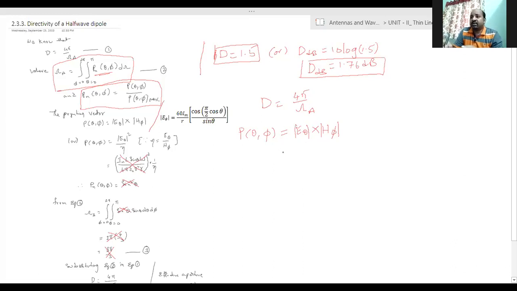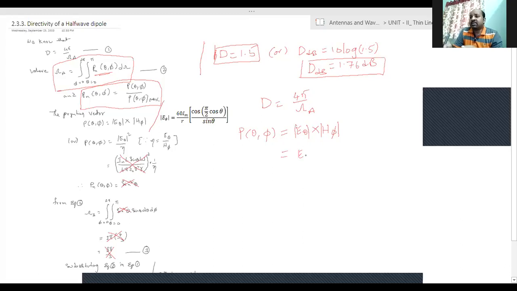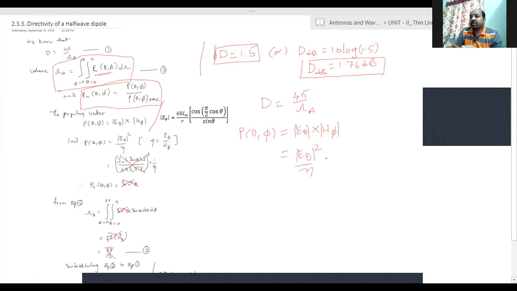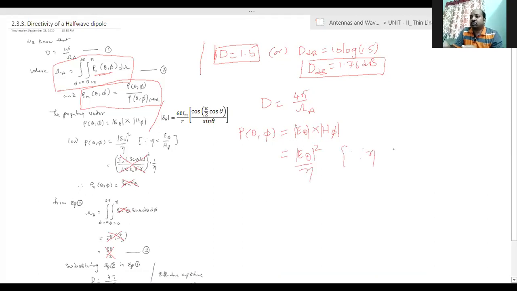This can be written as E theta square divided by eta, because the relationship between electric field and magnetic field is eta equal to E theta by H phi. From this, H phi is equal to E theta by eta, and substituting, we get E theta square by eta.